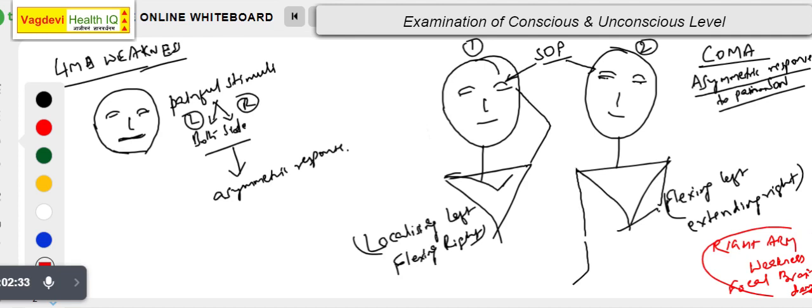As you will be learning more and more, when you take more cases, you will understand how the response comes, how you have to record the response, and how you have to come to a judgment about what the condition could be based on the scale.